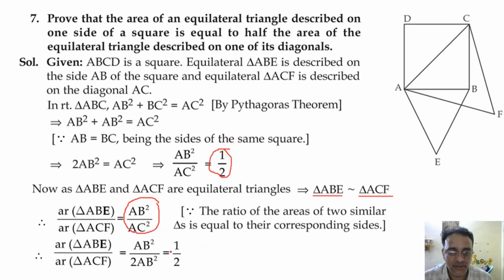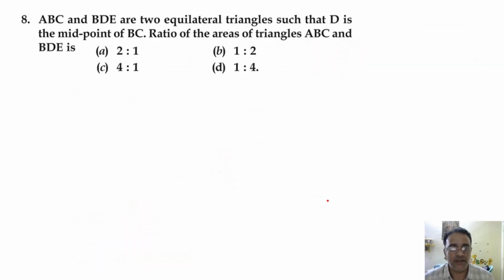So we'll substitute the value 1 by 2 and shift this to the other side. So area of triangle ABE is equal to half of the area of triangle ACF, which is what we had to prove. ACF is the equilateral triangle described on the diagonal. Is this clear to all of you? Yes, sir. Okay, now next question.